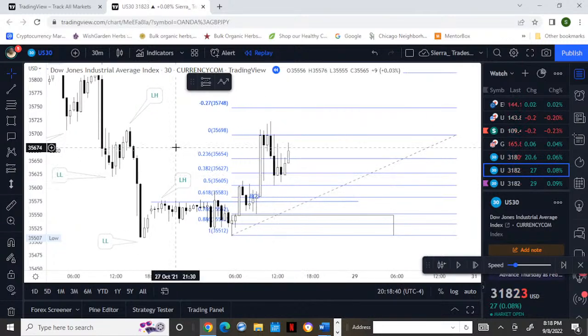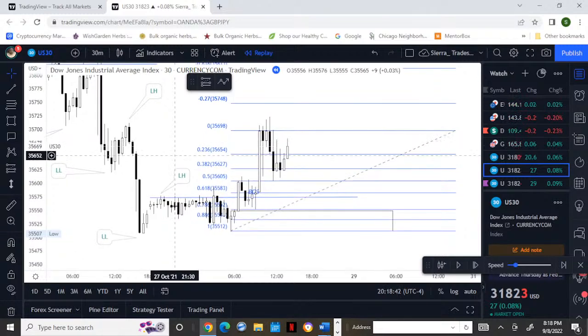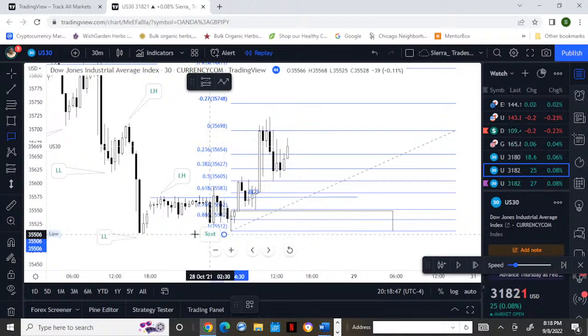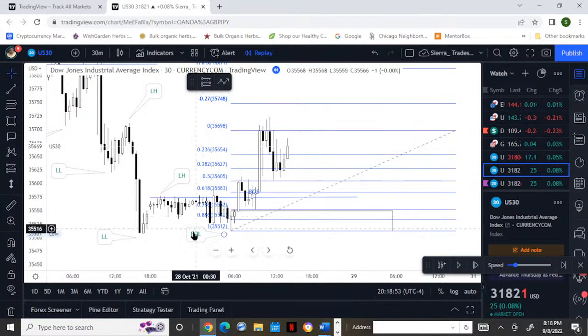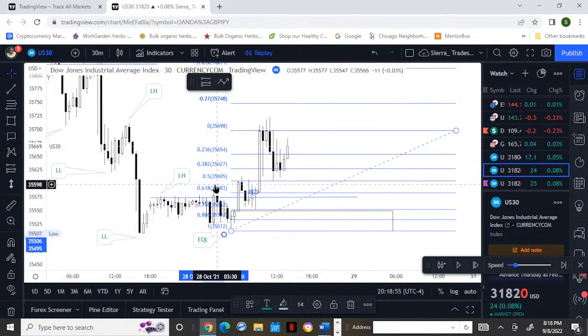All right, so one sec. This was an equal low because I need to mark structure. So this gave us our higher high point right here.